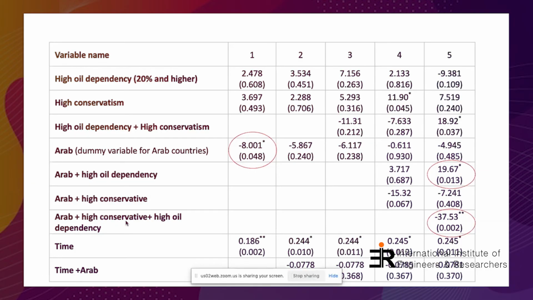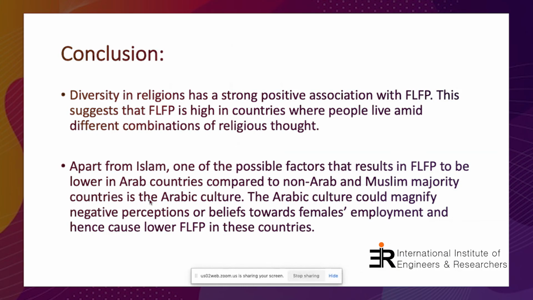And it explains why female labor force participation is high in some Arab countries like Qatar, which are not considered high conservative, but are, for example, high oil dependent. So by including those dummy variables, we are actually providing a better understanding of the trend in female labor force participation in these countries.